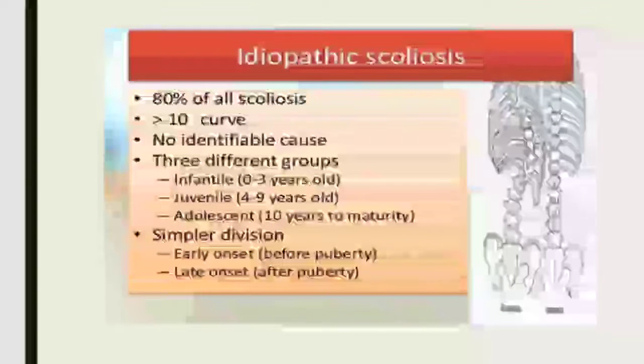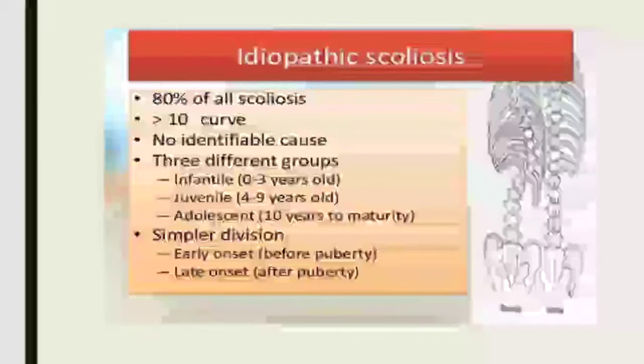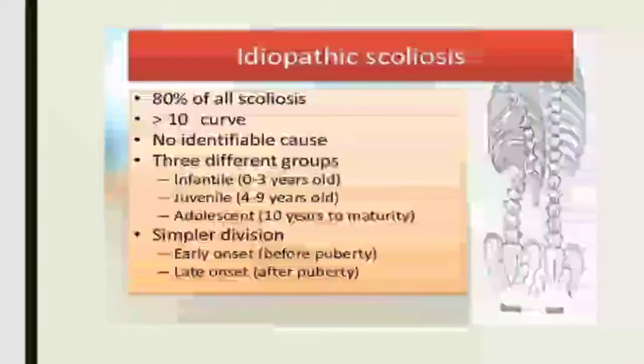There are three different groups: infantile, 0 to 3 years old; juvenile, 4 to 9 years old; adolescent, 10 years to maturity. A simpler division: early onset, before puberty; late onset, after puberty.